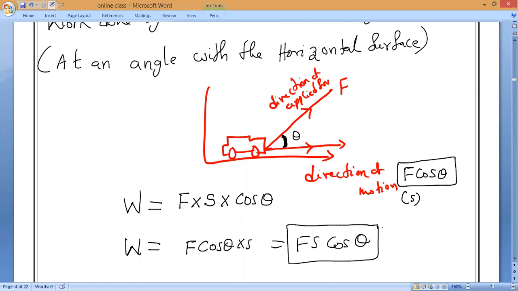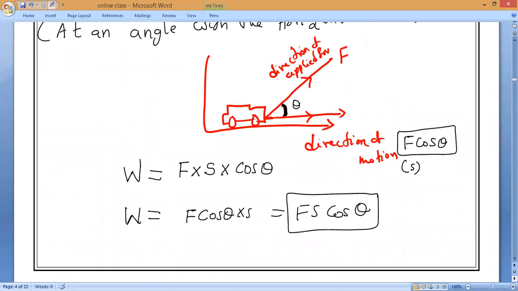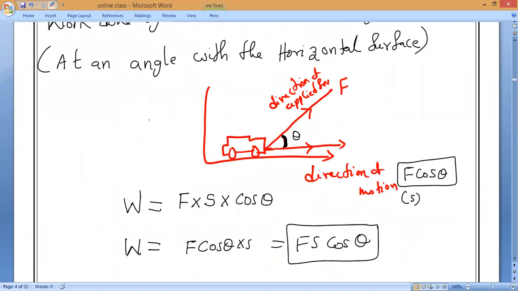Now, I will give you some values also. Those values alone, they will ask you at your level. You can learn the formula and also learn those values by heart. So, what is the formula when we are applying the force obliquely? Everybody, say it. Fs cos theta.